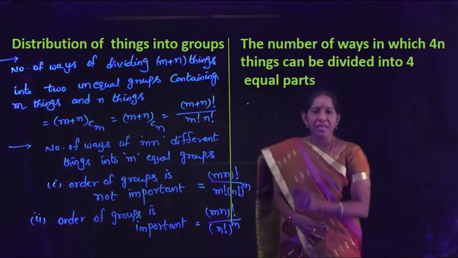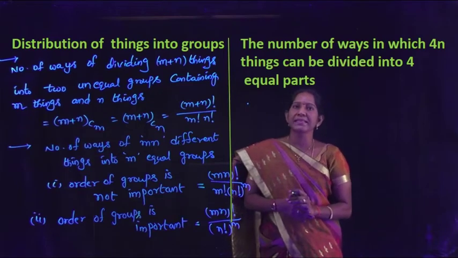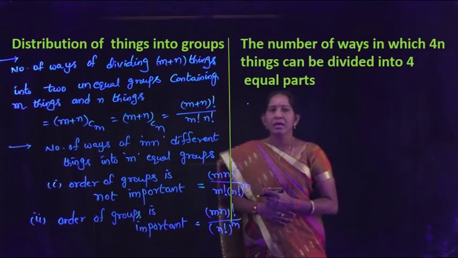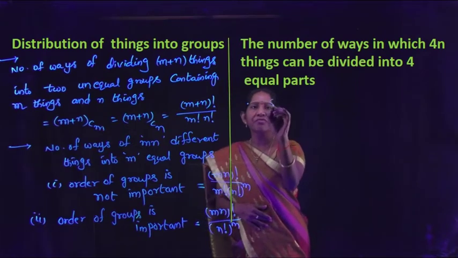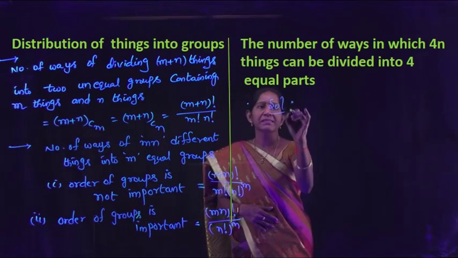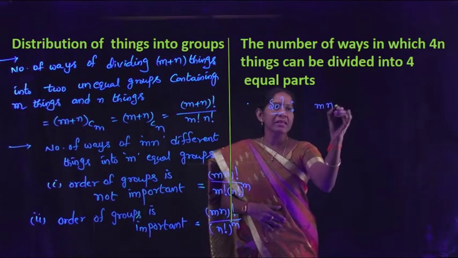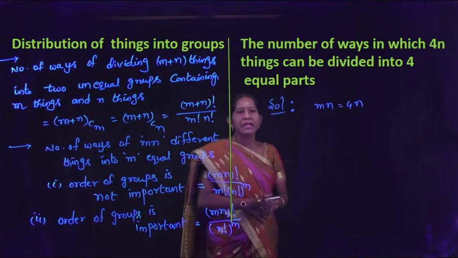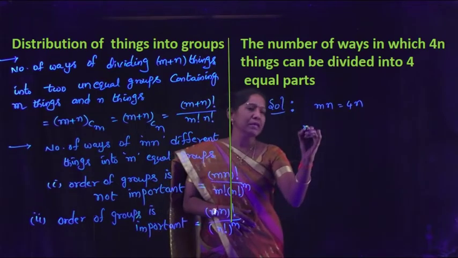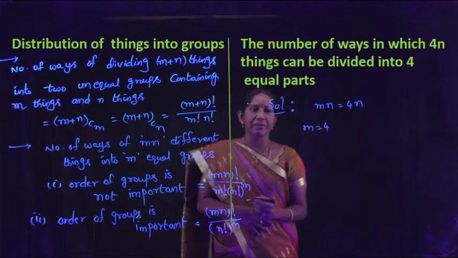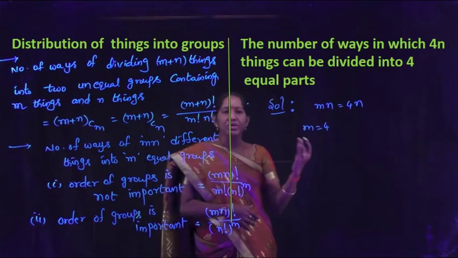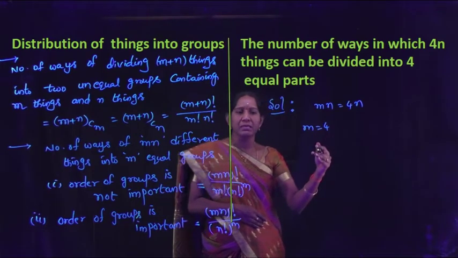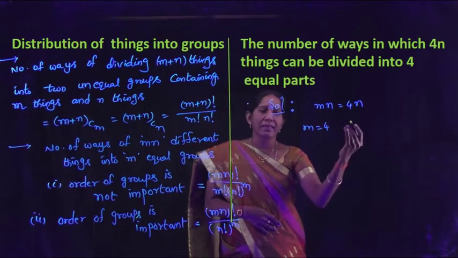Number of ways in which 4n things can be divided into 4 equal parts. Here given mn equal to 4n, divided into 4 equal parts, that is m equal to 4 given. When m equal to 4, then obviously n is n.